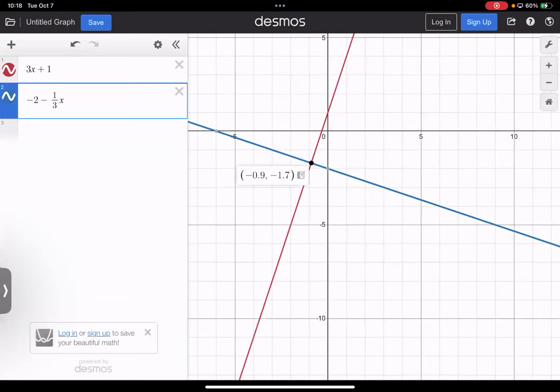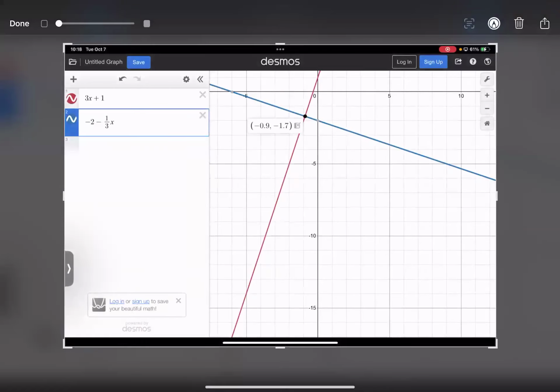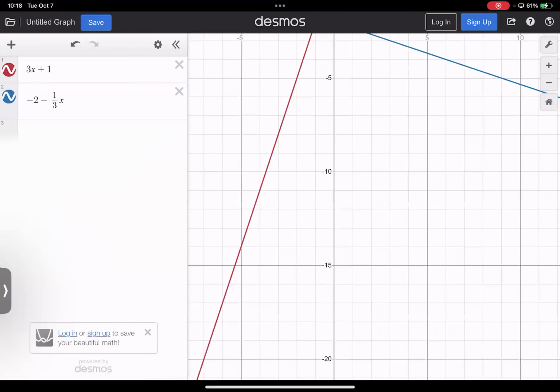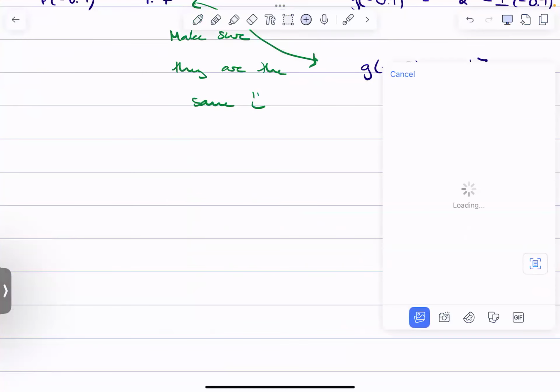Here is the intersection of those two lines, which confirms what we just found. So that's what we're solving for. Take a screenshot, it'll last longer.